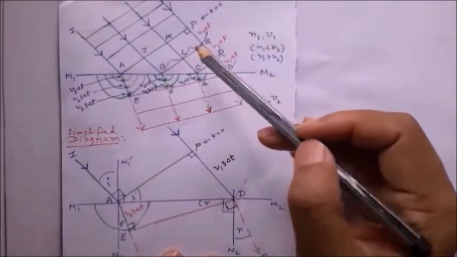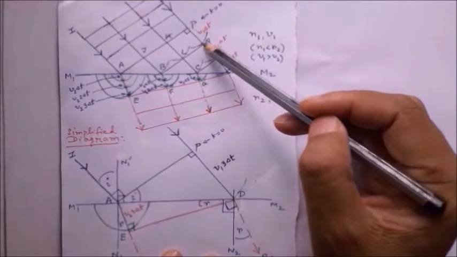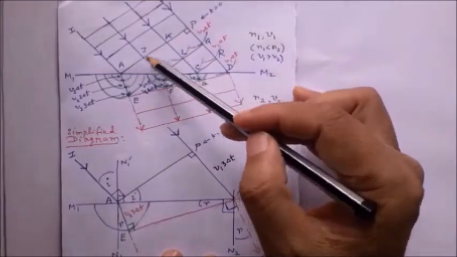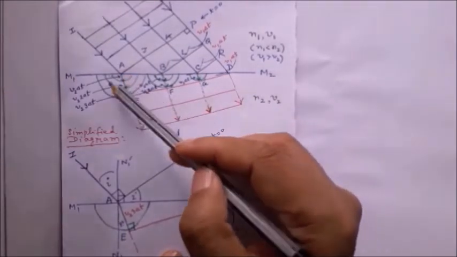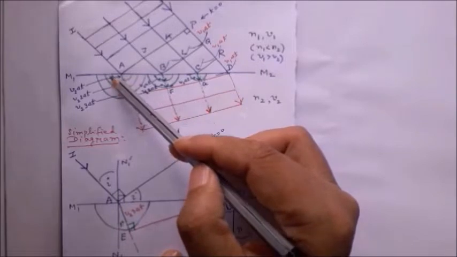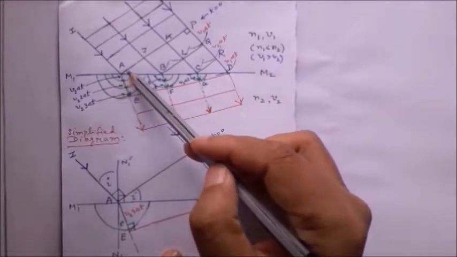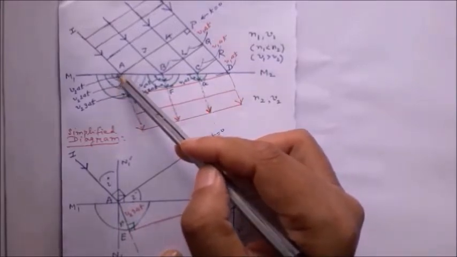In the same time in which P moves to Q, K moves to L, J moves to B, A will proceed or advance in the second medium, and this is the radius of the secondary wave which A emits but into the second medium.